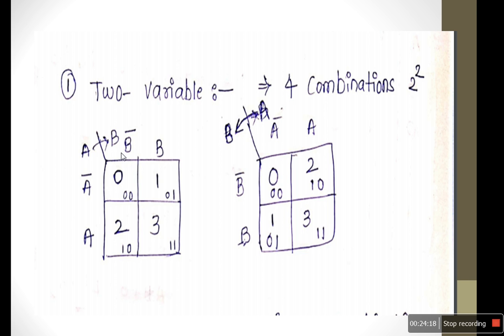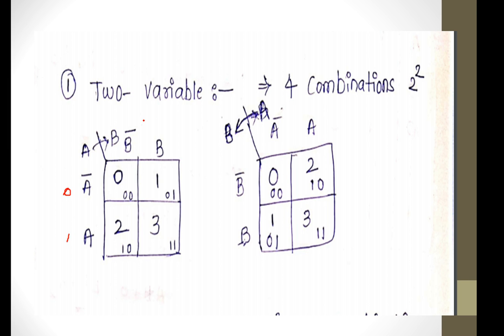Let us say those 2 variables are A and B. A has 2 literals, one is 0 and one is 1. B also has 2 literals, 0 and 1. So here A bar is 0, A is 1.